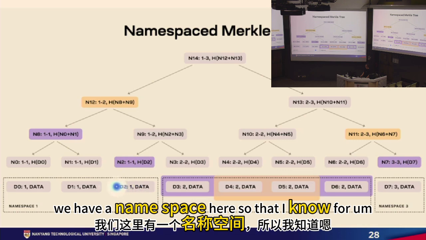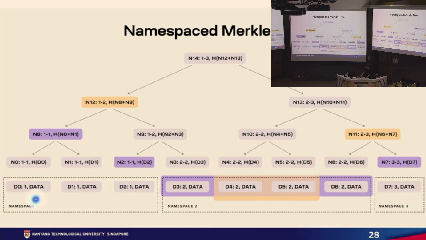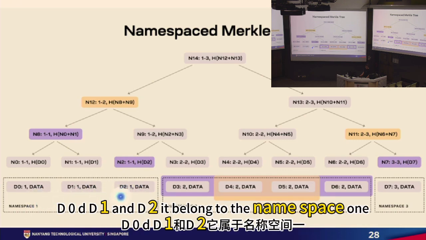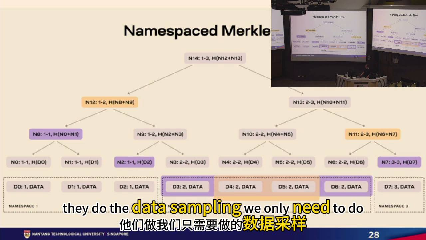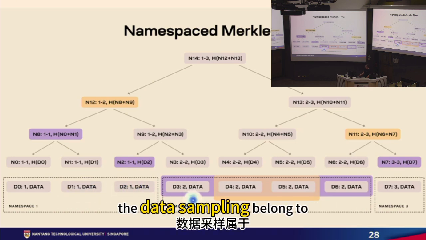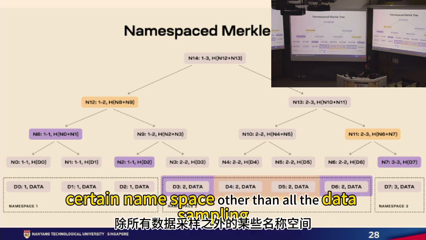So that I know D0, D1, and D2 belong to namespace 1. Whenever they do the data sampling, they only need to sample the data belonging to a certain namespace, rather than all the data.